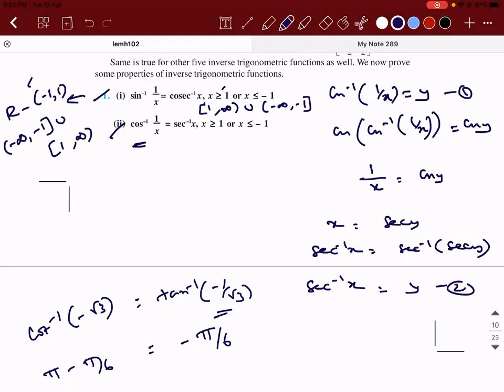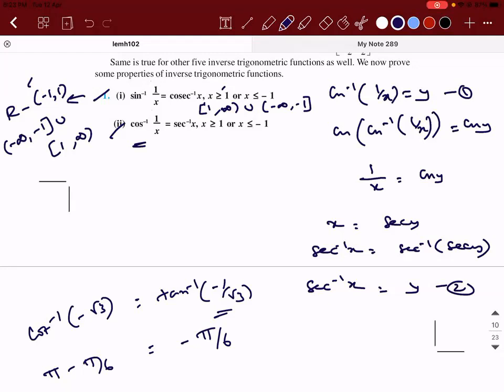Similarly, when you look at the other inverse trigonometric functions, which have values between 0 to pi, what are they? Cos inverse, secant inverse, cot inverse. So cos inverse and secant inverse belong to the same group of 0 to pi. So what I'm trying to say is, sine inverse and cosecant inverse belong to the same group of minus pi by 2 to pi by 2. Are you able to understand?